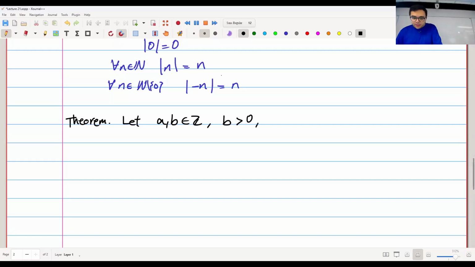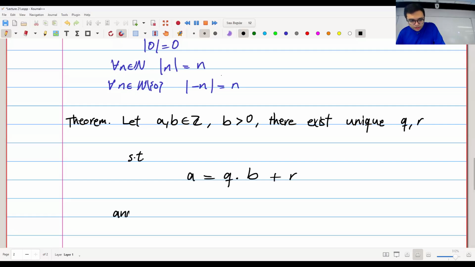Then I want to say this. I want to say there exist unique numbers. And from now on, whenever I'm talking about numbers, I'm talking about integers. There exist unique numbers q and r such that a is q times b plus r, and r is smaller than b, but greater than or equal to 0.